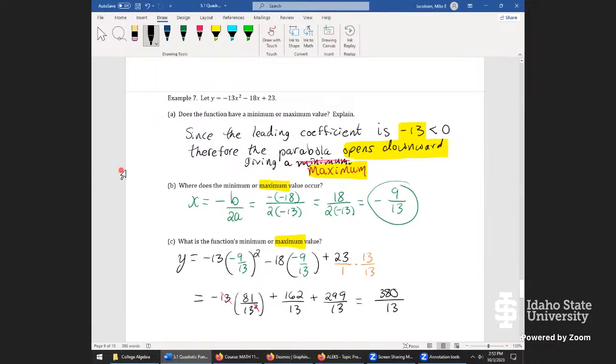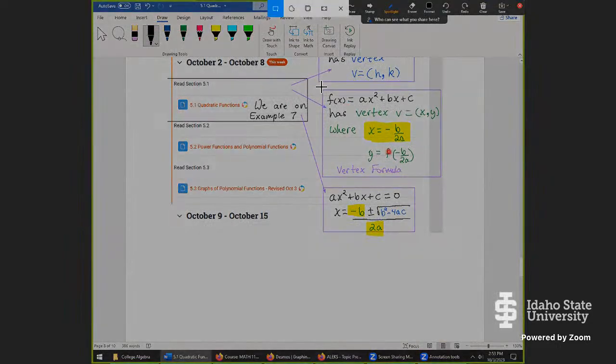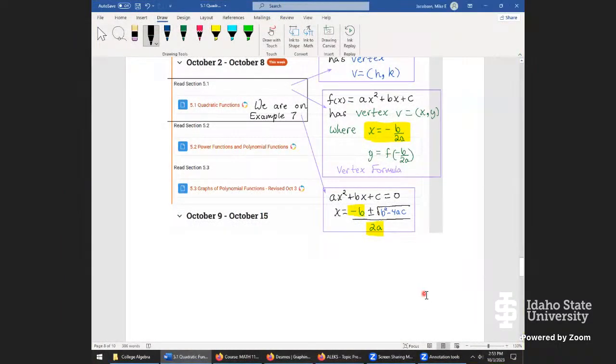Okay. When you do this kind of question in Alex, it's really not too bad. This is all we really did. Go to look at the vertex formula. You can even take a screenshot as a reminder. That's what we did on this problem.